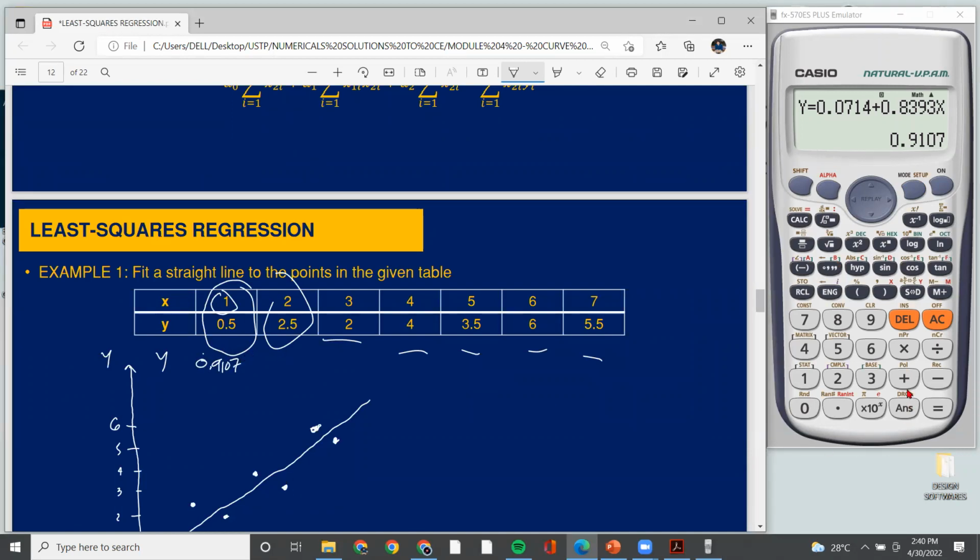For x equals 2: 1.75, which is a correction of the error in our data points. For x equals 3: 2.5893. For 4: 3.4286.